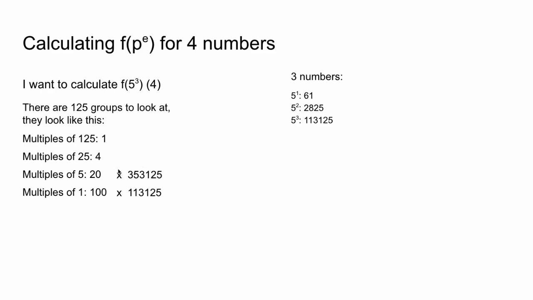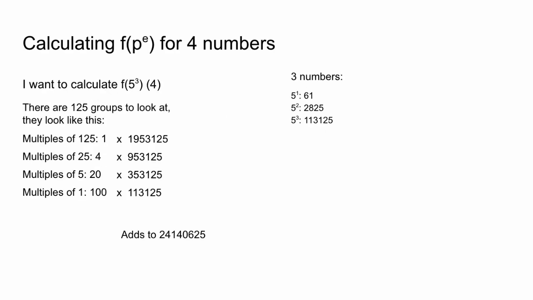And then this is how many multiples are in this group. All right. And then the rest of these numbers are done in the same way. We multiply and add together whatever needs to be done, and we end up with an answer of 24140625. Beautiful.